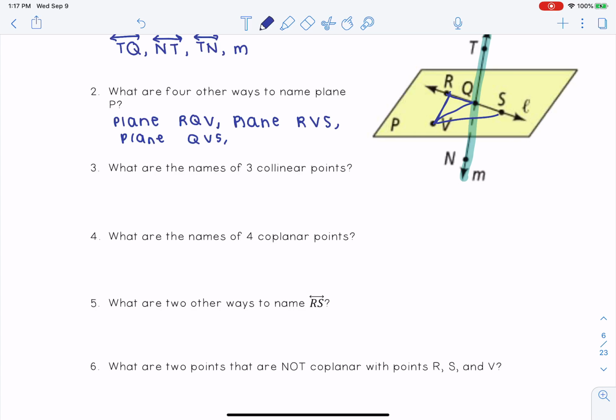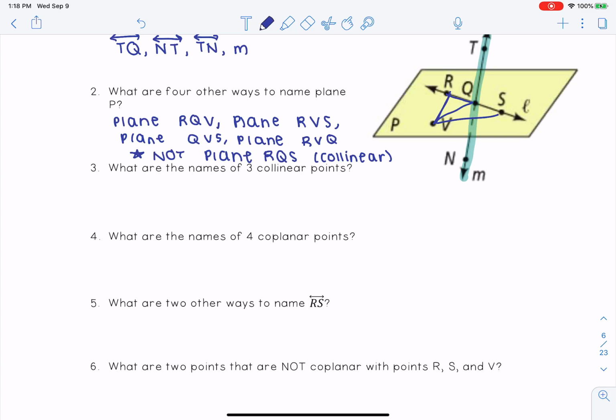Or plane RVQ. You can just switch the letters around, right? Then one I can't name it is RQS. And that's because these points are collinear. So I can't name it that.